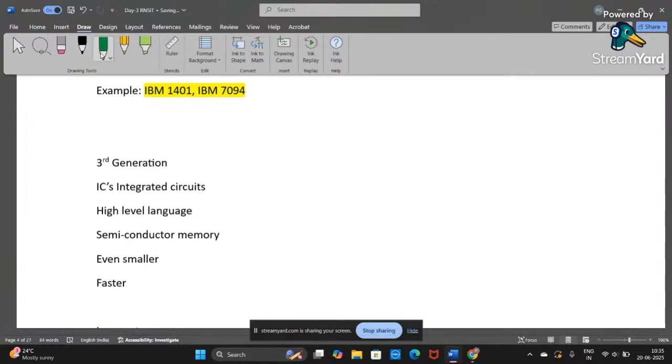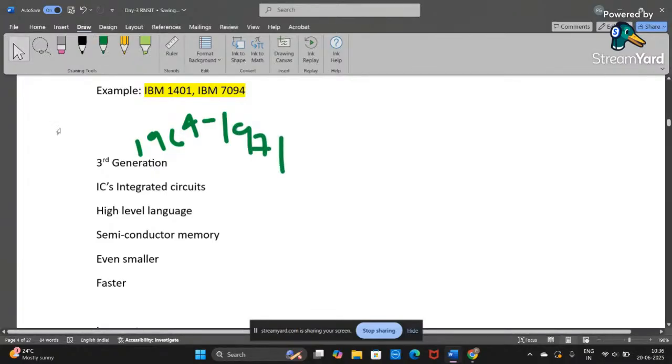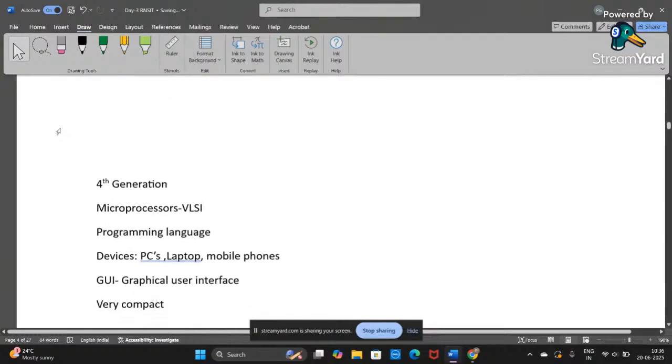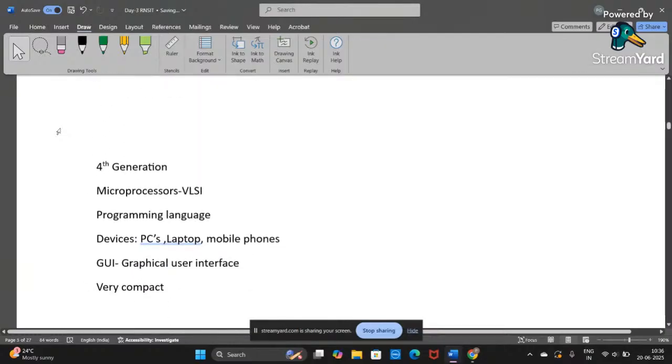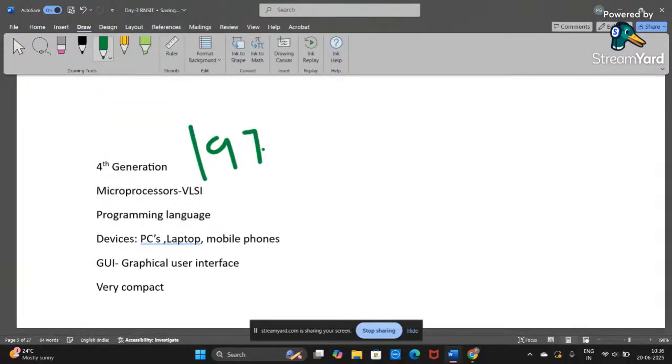Third generation, 1964 to 1971. Then fourth generation, 1971 to present.